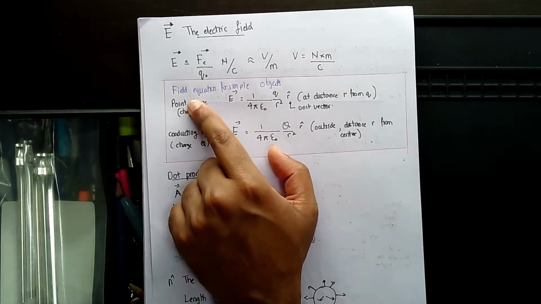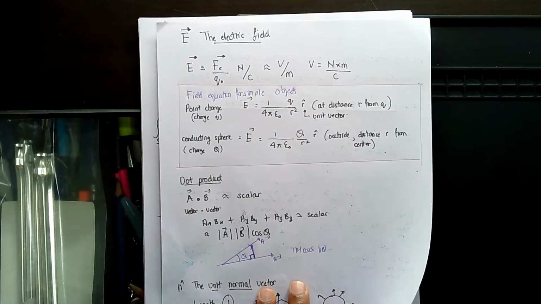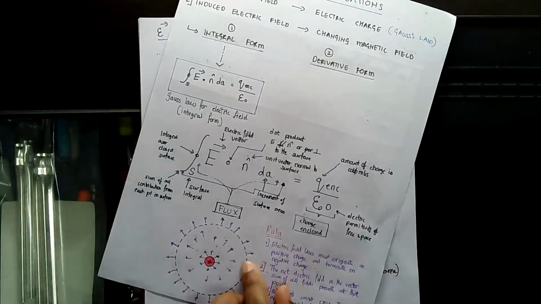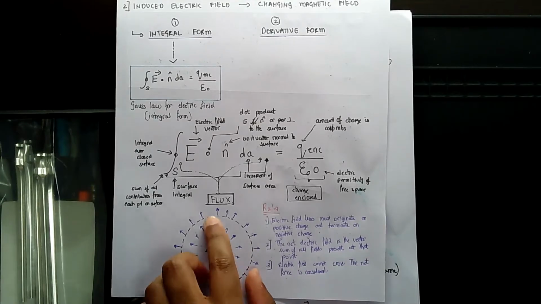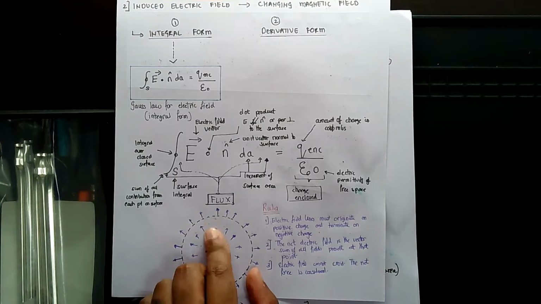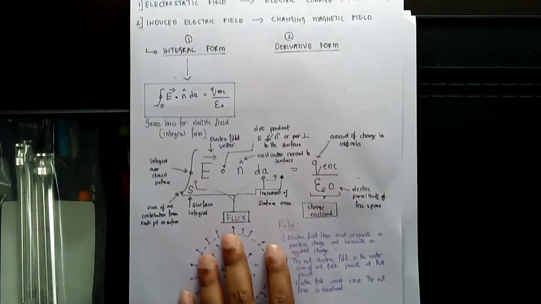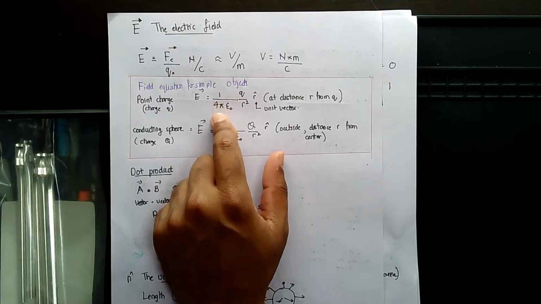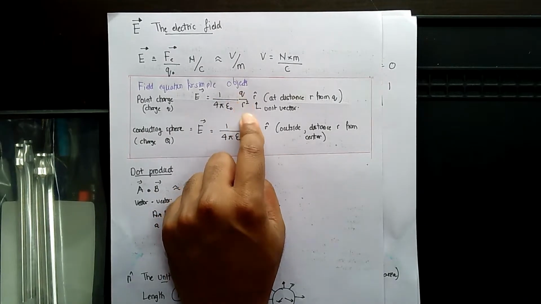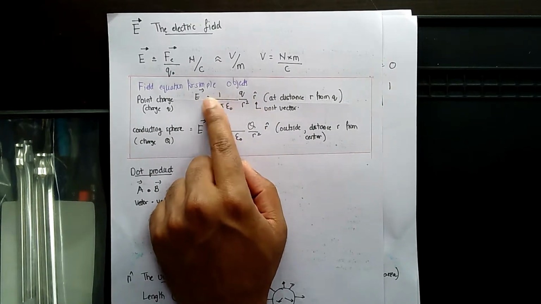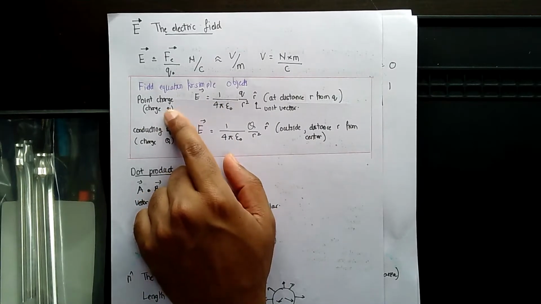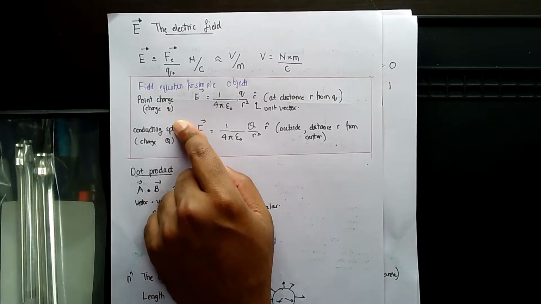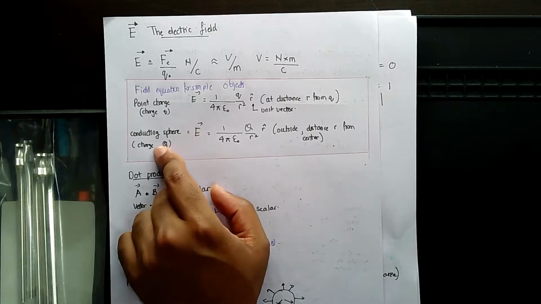So if you have a charge over here and a point charge over here, and you want to find the electric field between this charge and this charge, you can apply this equation. It'll give you that electric influence from that charge.